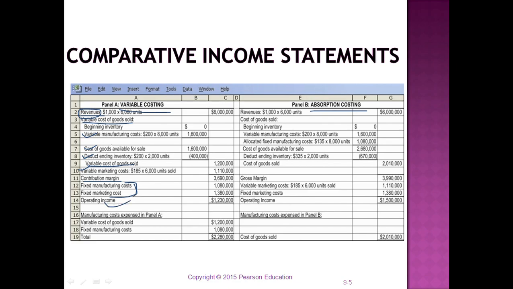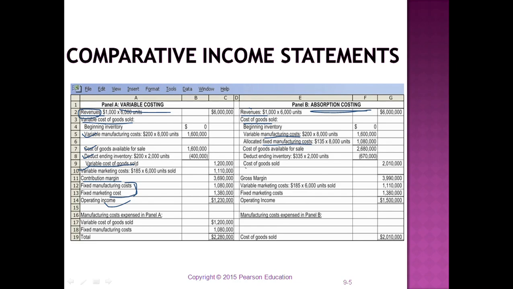And remember, this was the same method that we used when we prepared our flexible budgets, or in our budgeting chapter. While on the right hand side, under the absorption costing method, you follow your normal income statement as we have seen in chapter 2 onwards. So it's revenue minus cost of goods sold. Please note here that the cost of goods sold considers the manufacturing cost, whether variable or fixed, together.